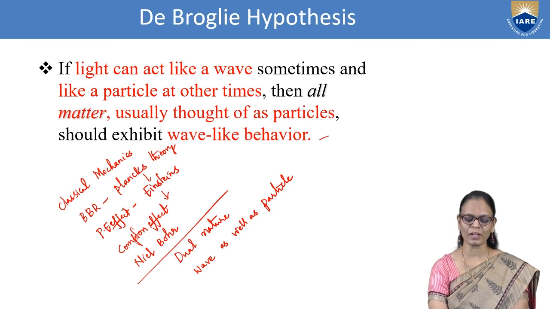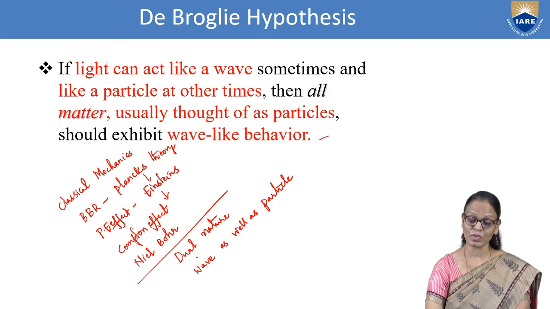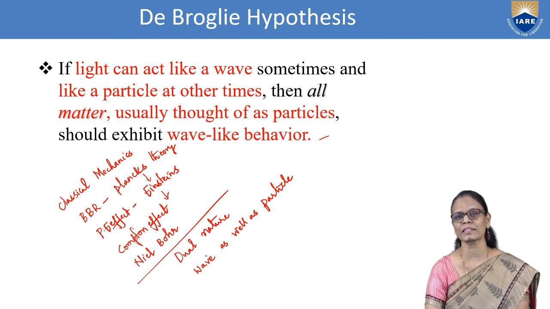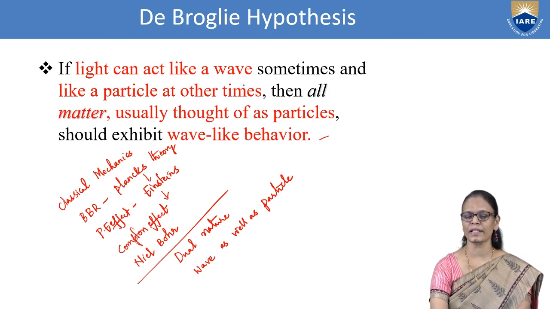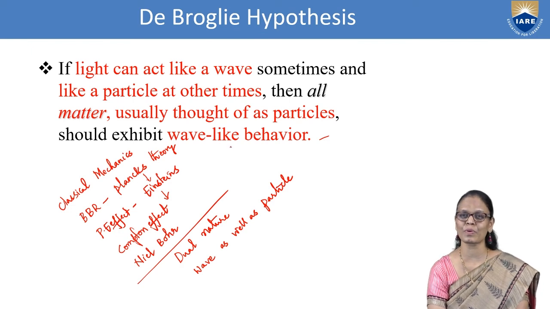When he saw all these developments, and they concluded that it should have dual nature, he suggested that matter, which is thought of to be like a particle, should also exhibit wave-like behavior.